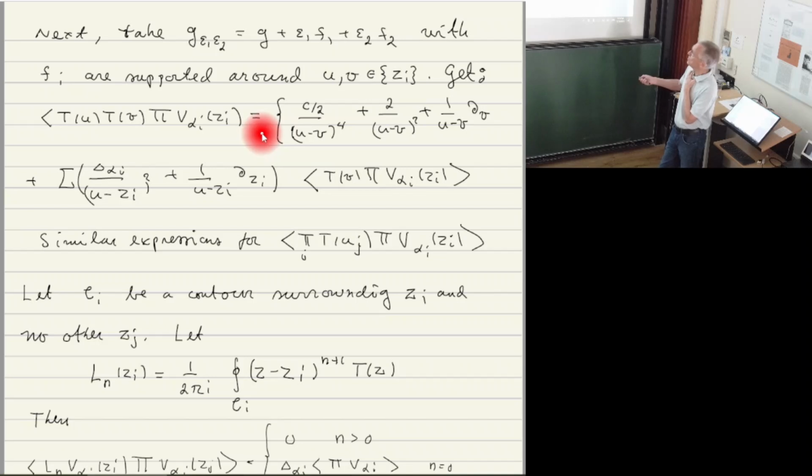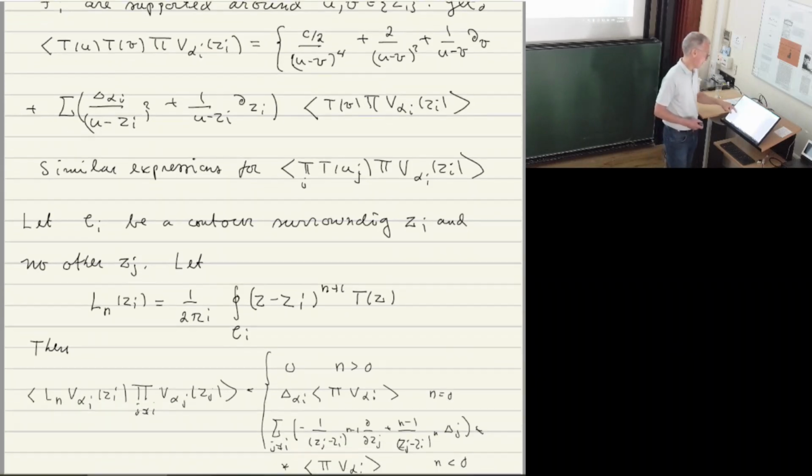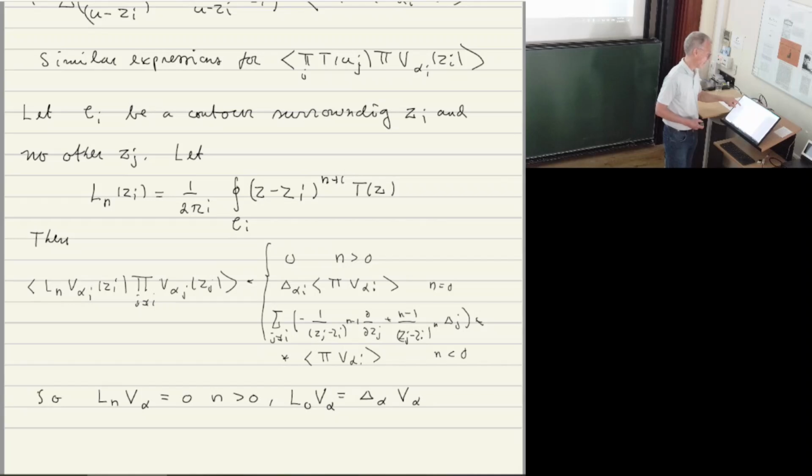So basically, that's what you have. You have simple things which have poles at the z_i's, and when you have several T's they coincide. Well, now you can do the following. Let's define an operator, call it L_n. Let me take a contour around one of these points, where I have the z.